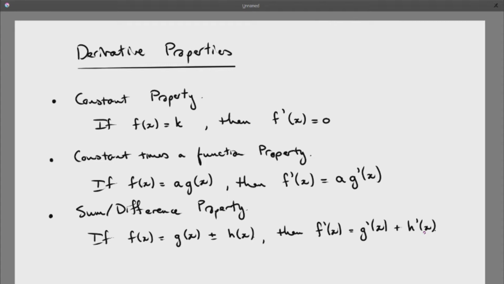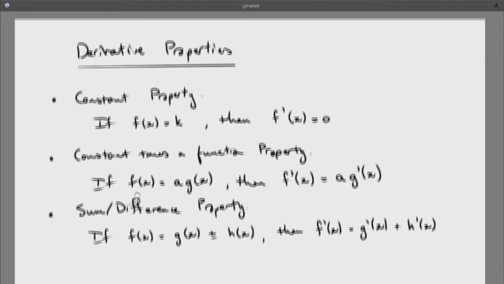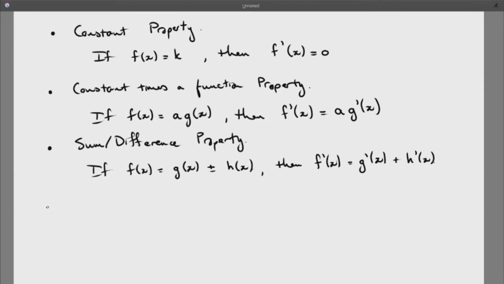And then we have arguably, at this stage, the most important property, the power rule. That if my function is a basic polynomial, then the derivative is obtained by the following formula.